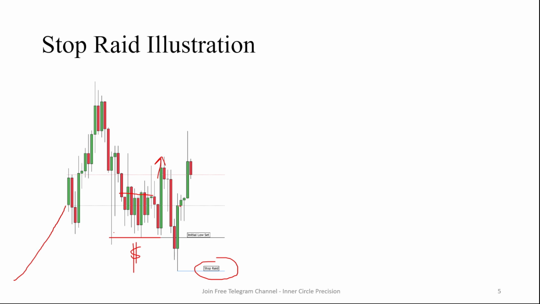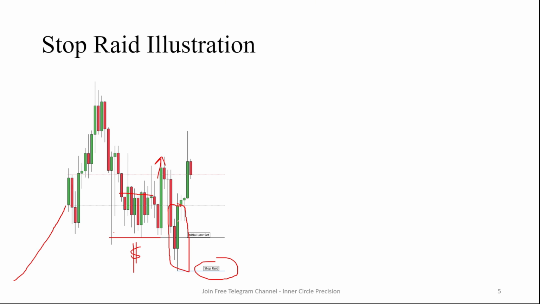For those who have watched the previous videos on this channel, you know that if this occurs after this liquidity raid or stop raid, this is an EBP, or an engulfing bar play candlestick, which you can enter. But we are going to use other methods within this particular video.